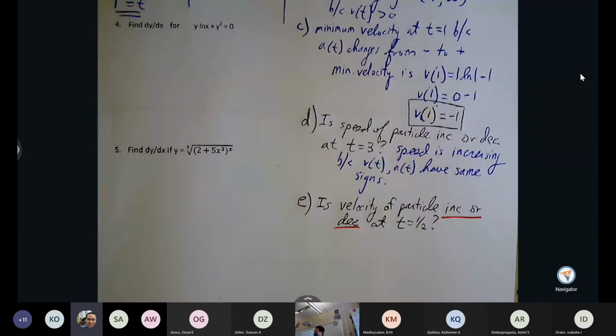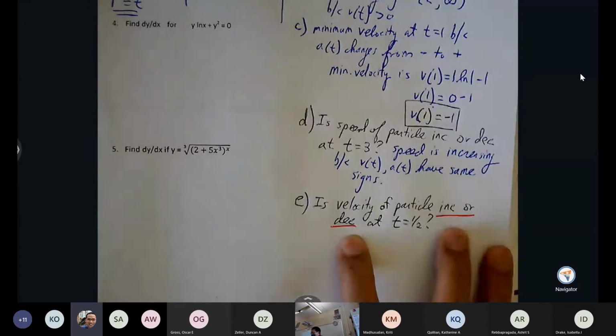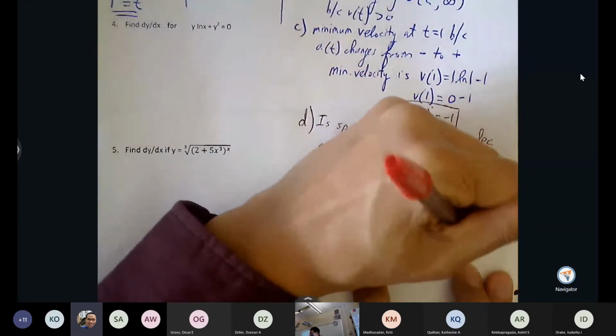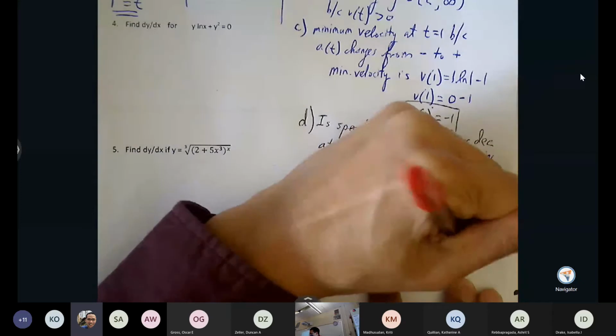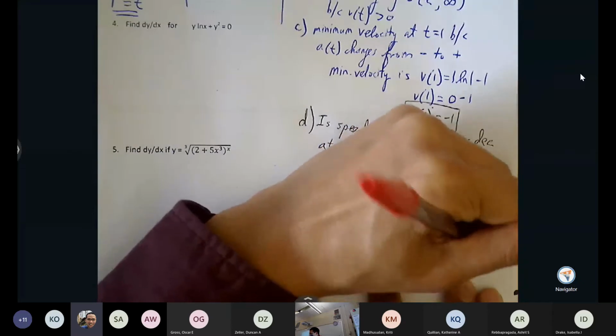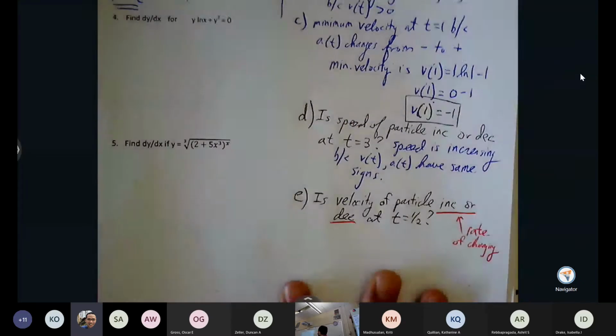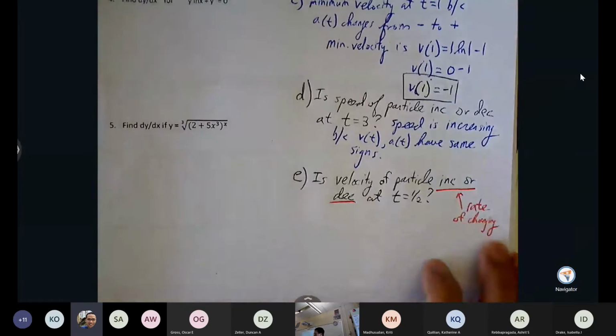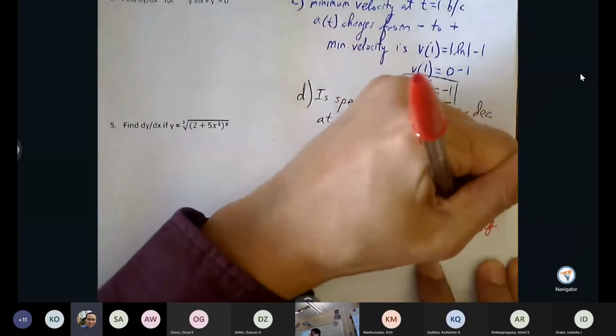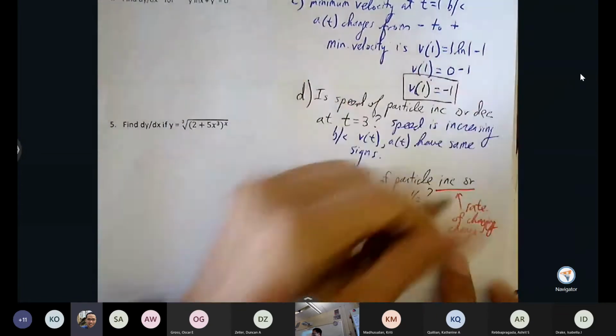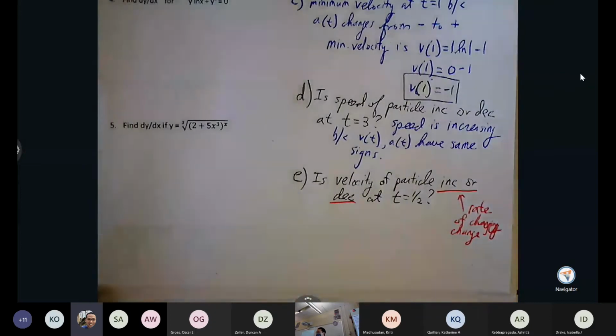This is velocity increasing or decreasing. This is indicating something else. This is talking about the rate of change now. It's the rate of change of velocity. And it's really the slope of velocity, which is really acceleration.